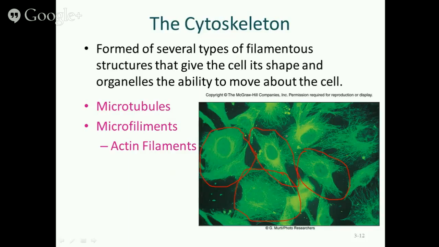Now, the cytoskeleton is made from things called microfilaments. Specifically, it's made from little microfilaments called actin. And actin, just to give you a comparison, is one of the filaments that makes up our actual muscles, our muscle fibers.